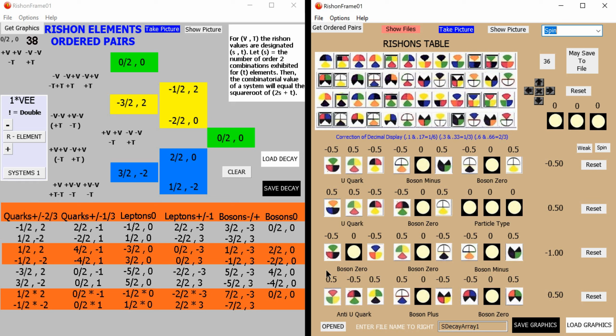But here we have a vector boson which has been composed by the exchange of an orange V rishon for the initial green rishon. And the green rishon then composes with a blue rishon the vector boson. And so the spin on the generic U quark is changed from -1/2 to +1/2.